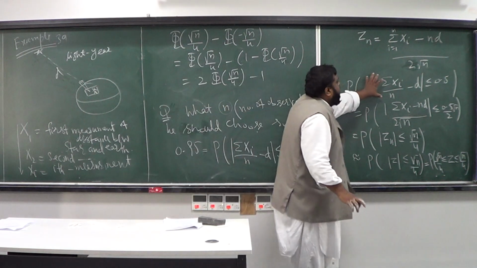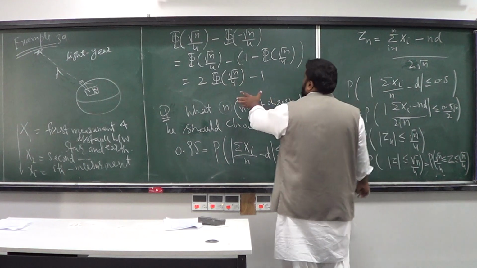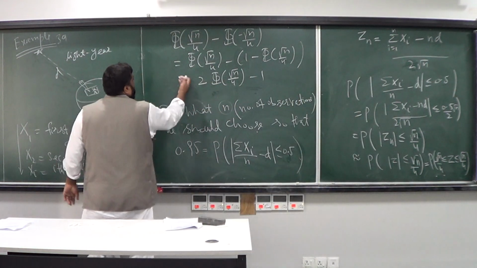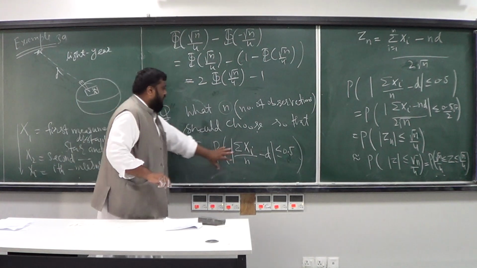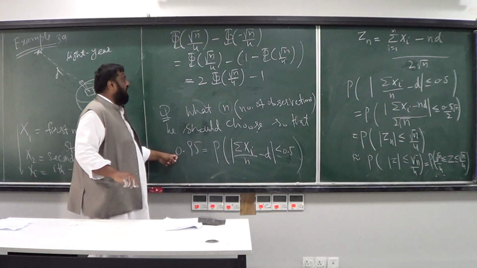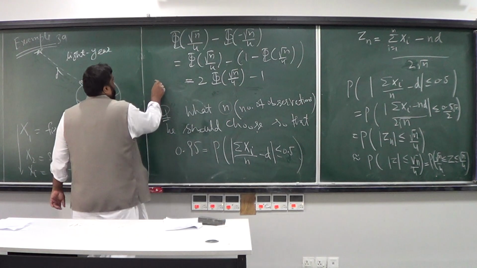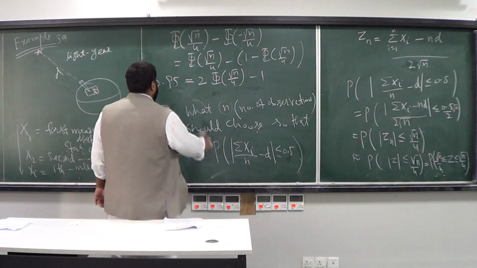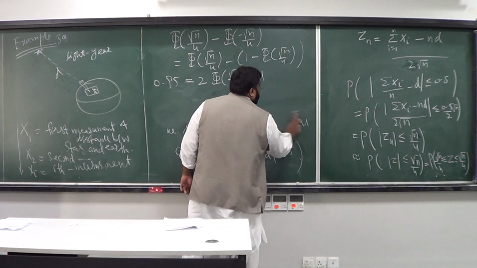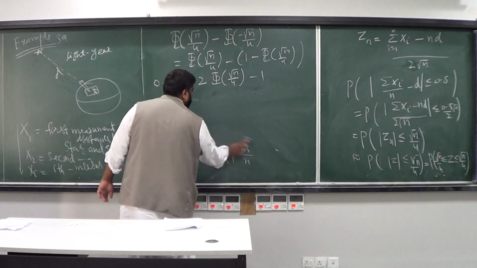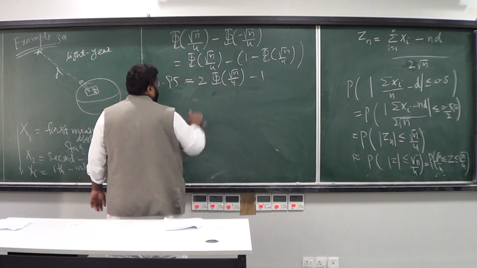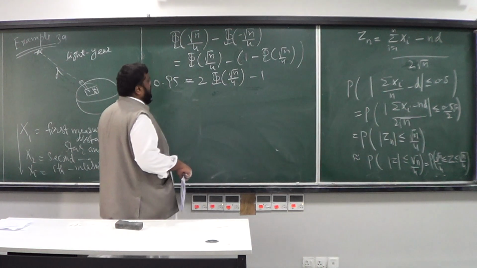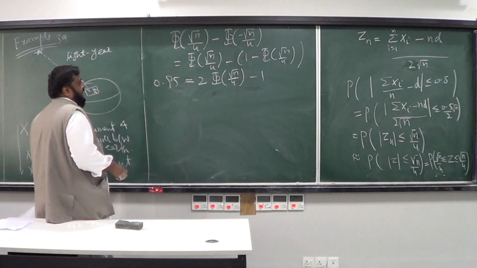So this probability can be approximated by this number, and we want it to be 0.95. In other words, for what value of n would this probability be approximately equal to 0.95?